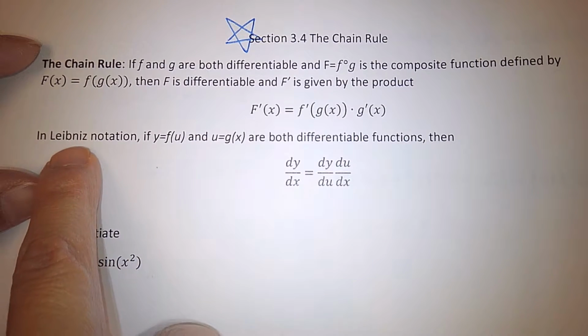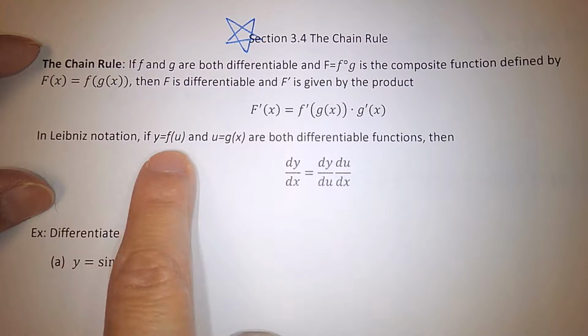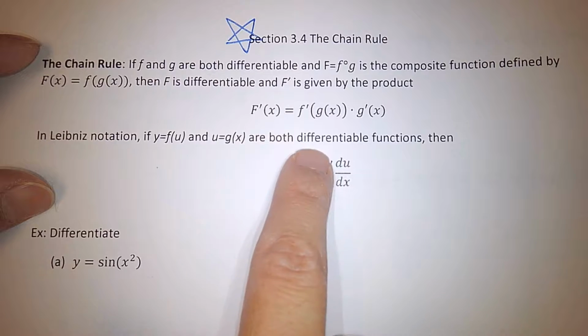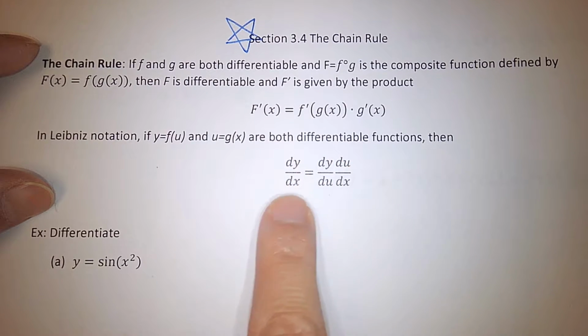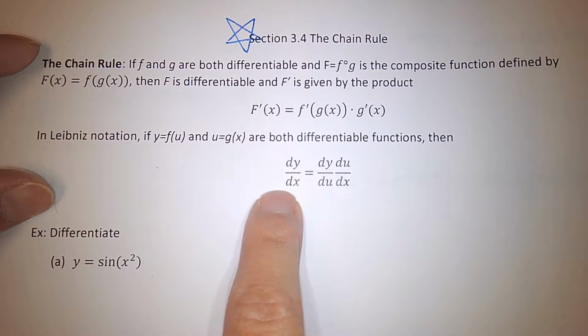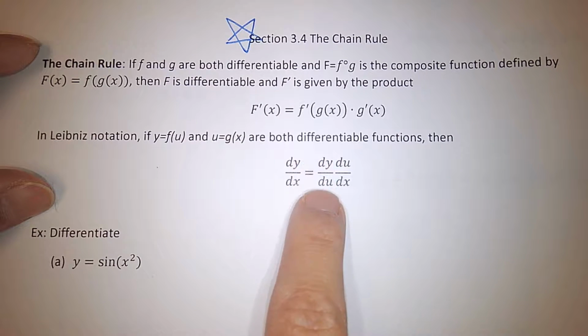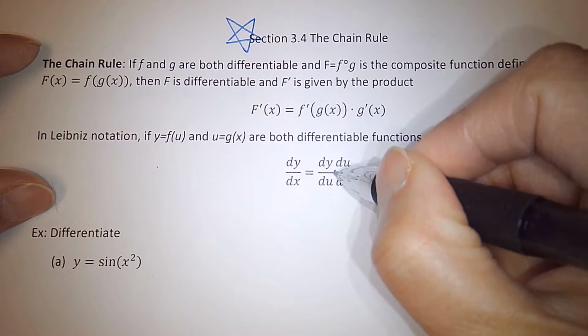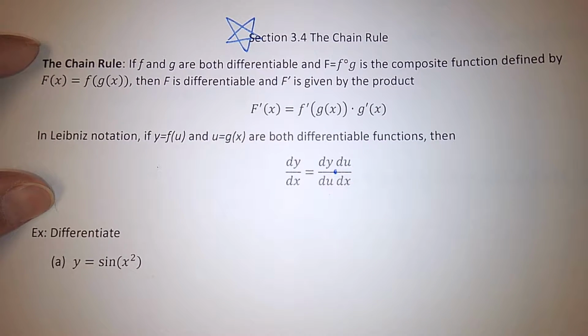Leibniz notation: if y equals f of u and u equals g of x are both differentiable functions, then dy over dx equals dy over du times du over dx. Very good.